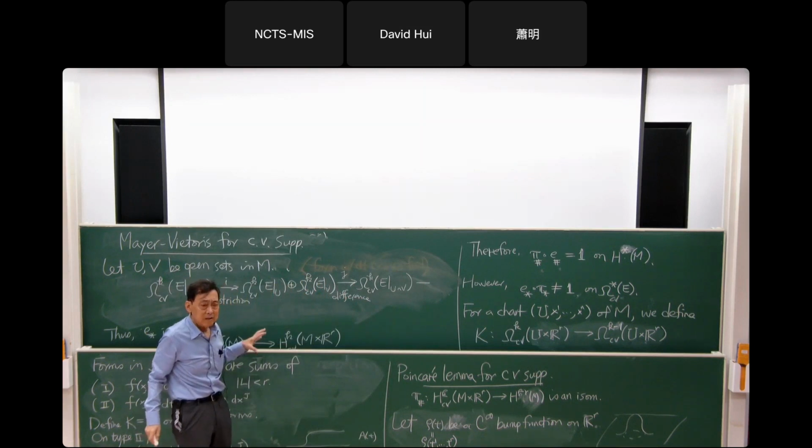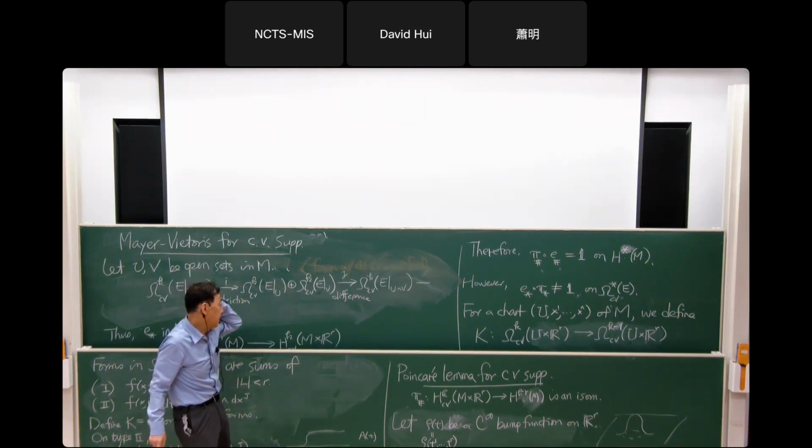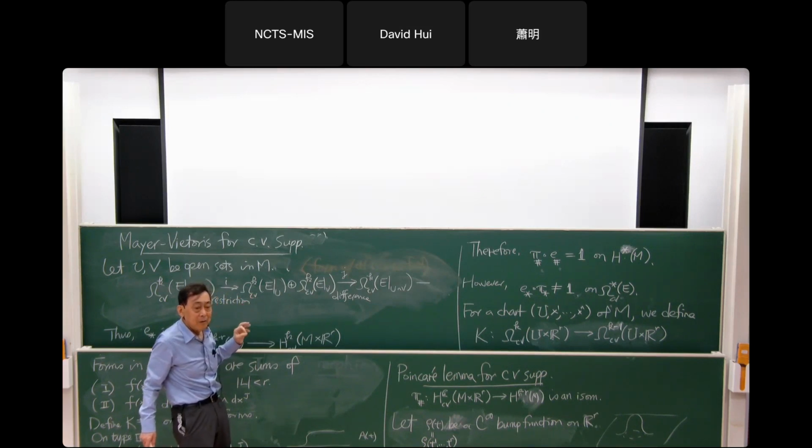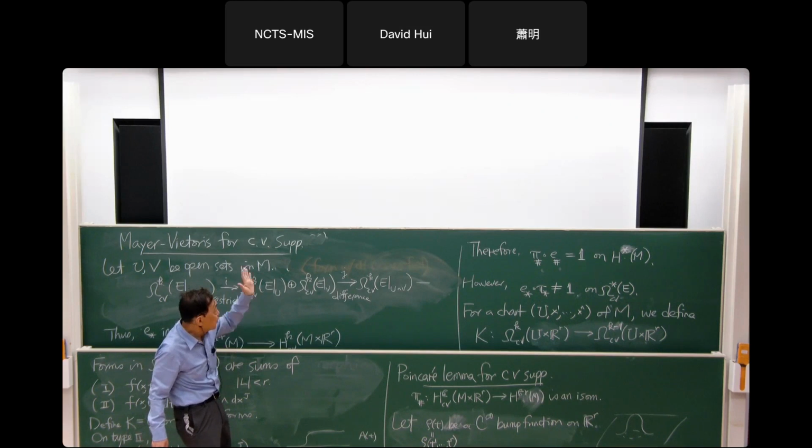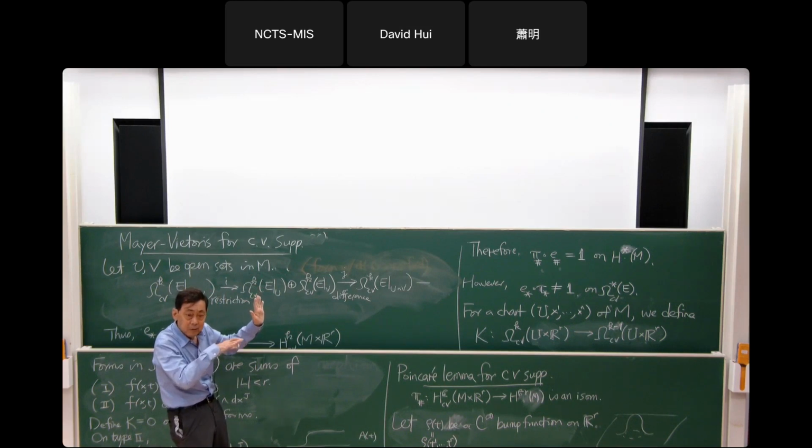So it's just like for ordinary support. It's not for compact support. For compact support, the Mayer-Vietoris sequence goes in the other direction. But this is compact vertical support, so there's no compactness hypothesis on the base.